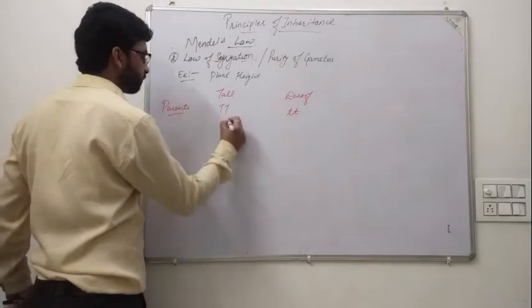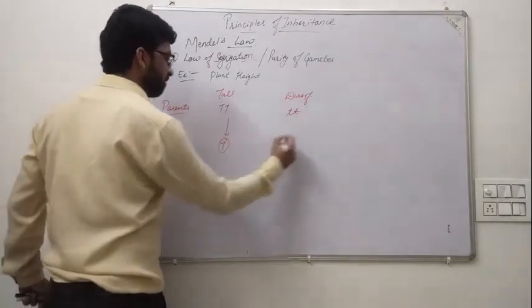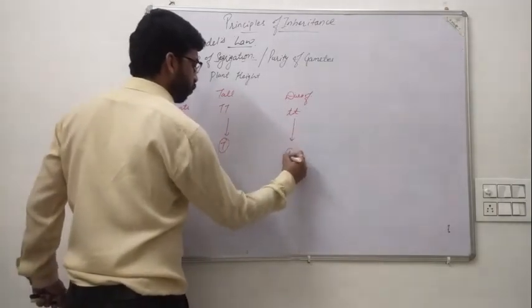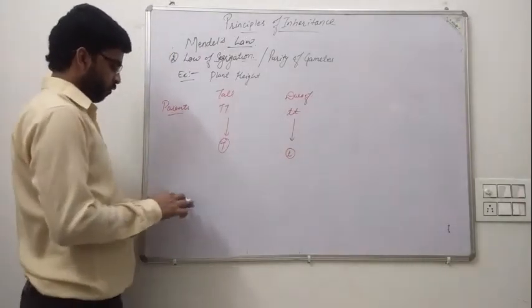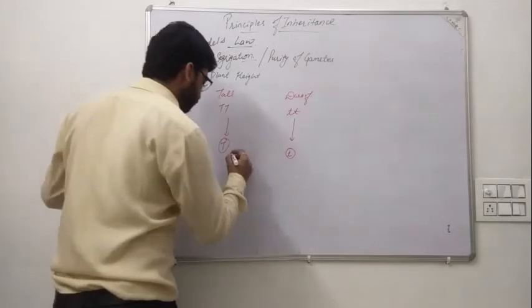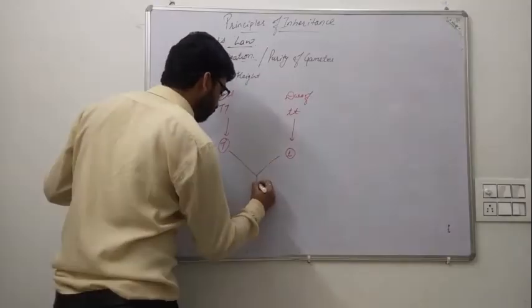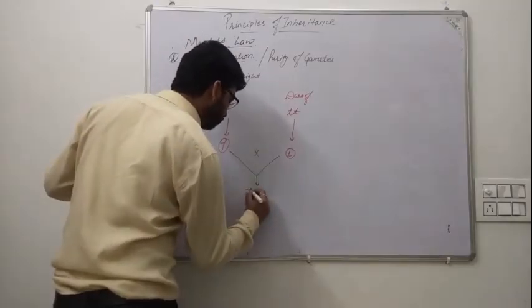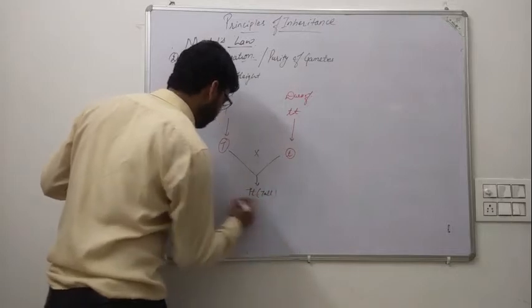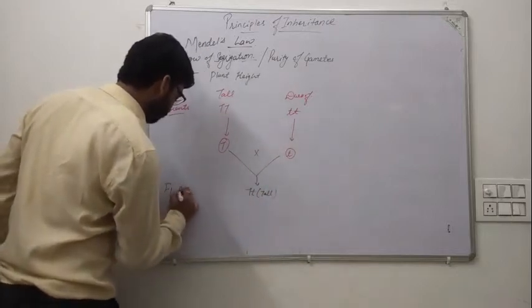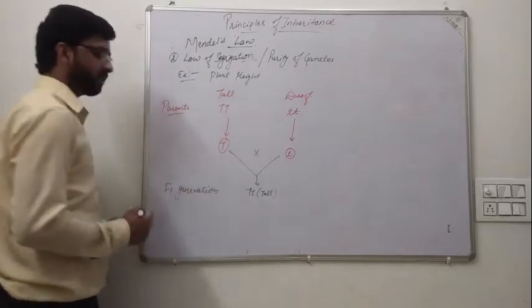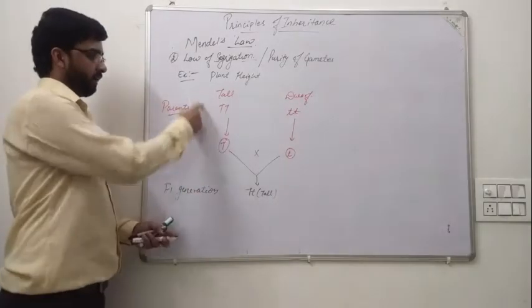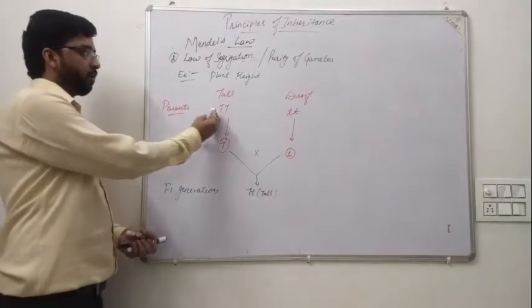Parents having one kind of gamete, we cross them: capital T, small t, all characters are tall. This is the F1 generation, which is comparatively the law of dominance.